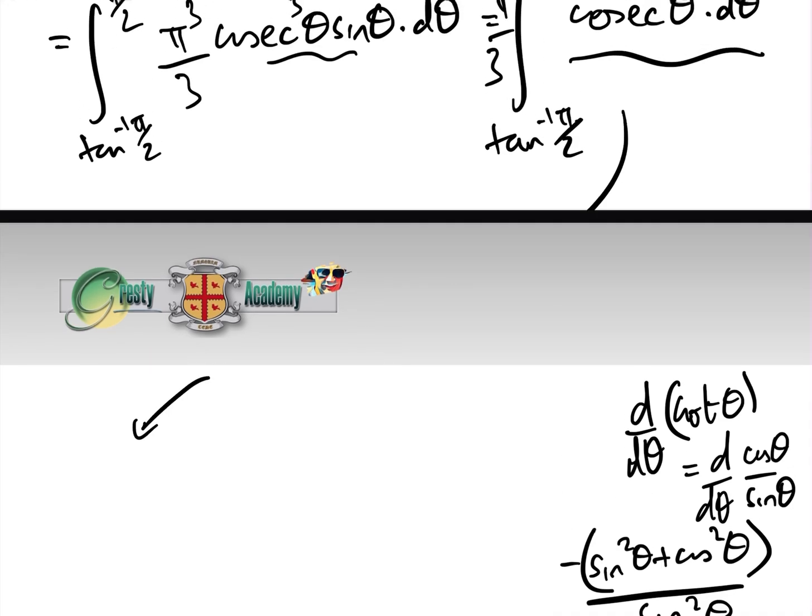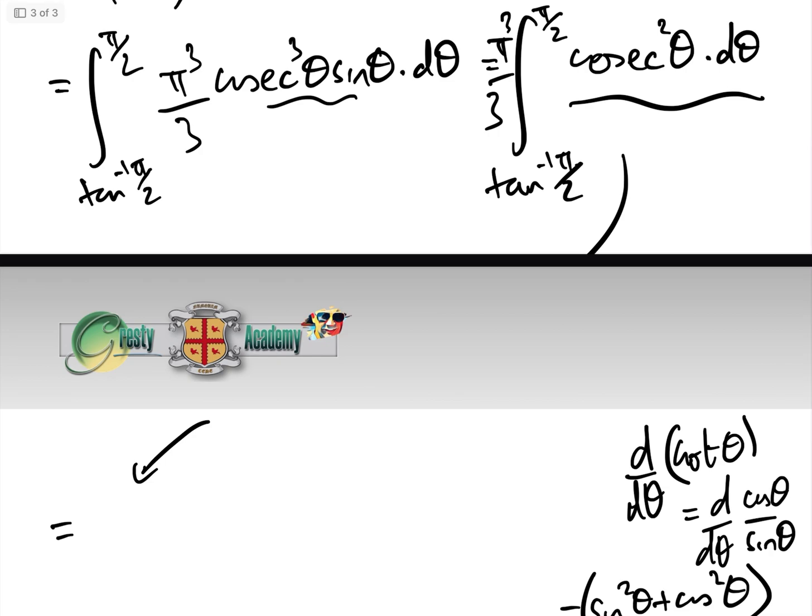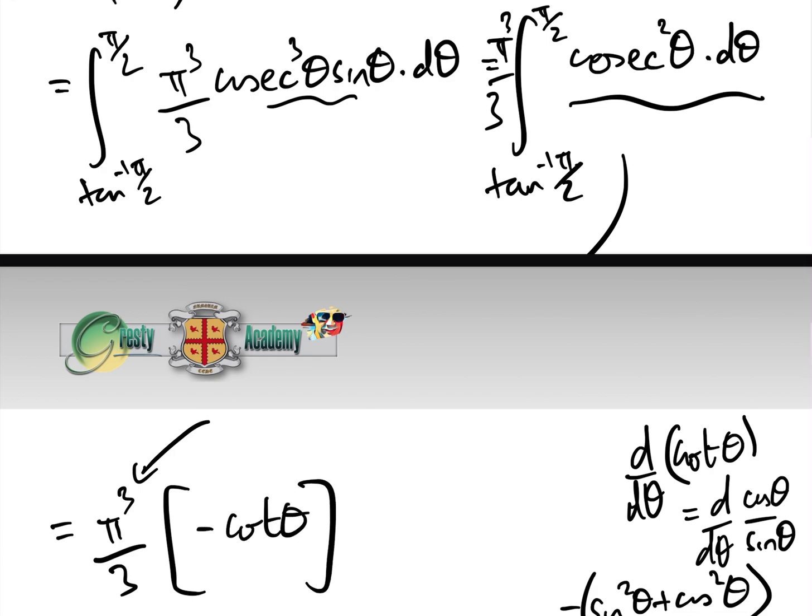So basically we can go from here down to here, and that gives us pi cubed over 3 times the integral of minus cot theta between pi over 2 and tan to the minus 1 of pi over 2.